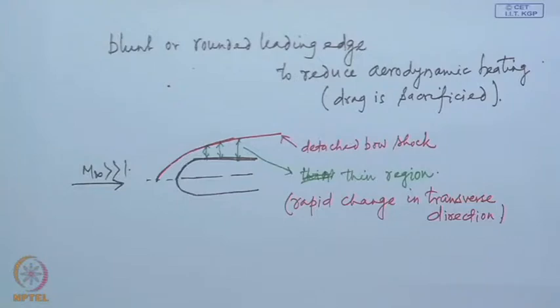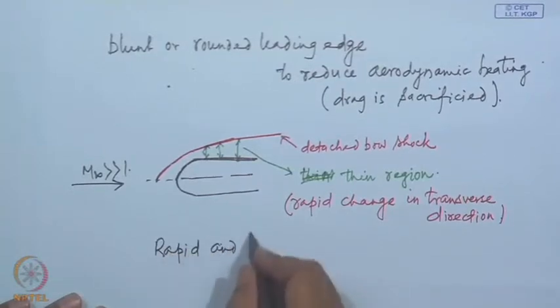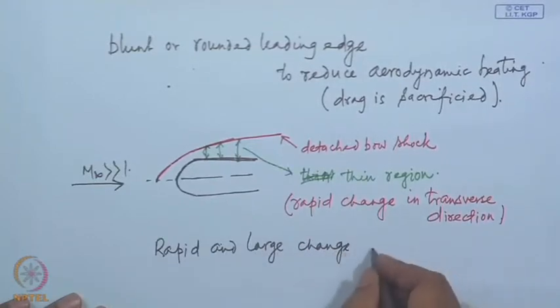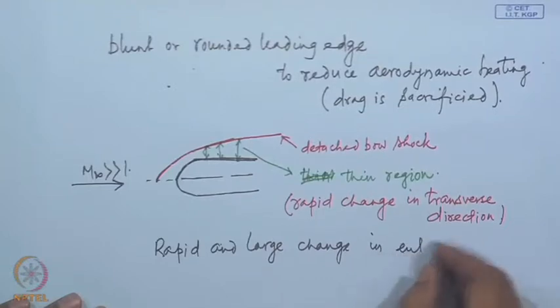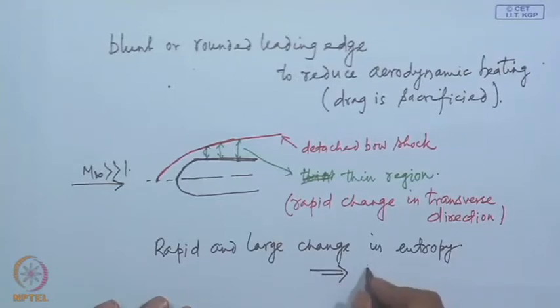So, consequently, rapid and large change in entropy. And as you have seen, whenever there is a change in entropy, it will result in production of vorticity.